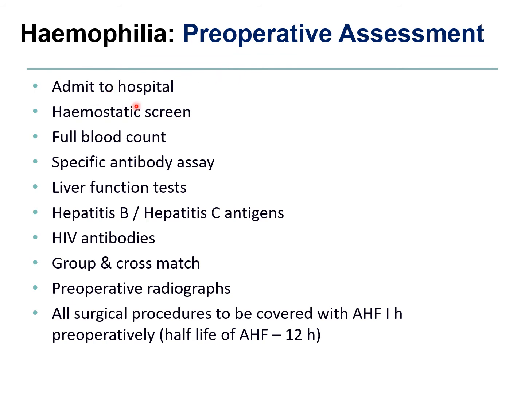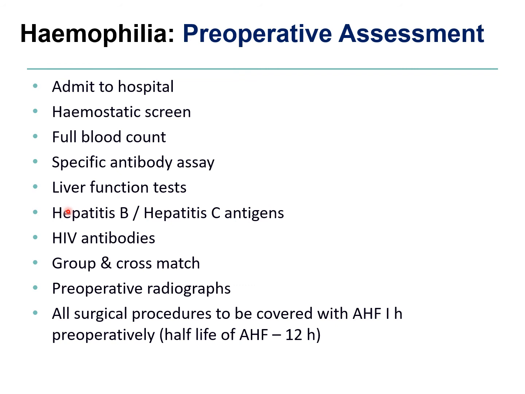They're admitted to the hospital and have their full hemostatic screen, including routine blood tests and a full clotting screen. They would also have specific antibody assays to determine if there are any antibodies to factor 8 or other clotting factors. They would also have their liver function tests, their Hep B, Hep C, HIV tests.